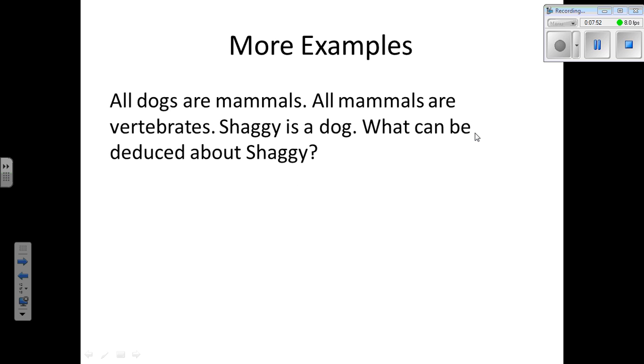Alright, so more examples. All dogs are mammals. All mammals are vertebrates. Shaggy is a dog. What can you deduce about Shaggy?